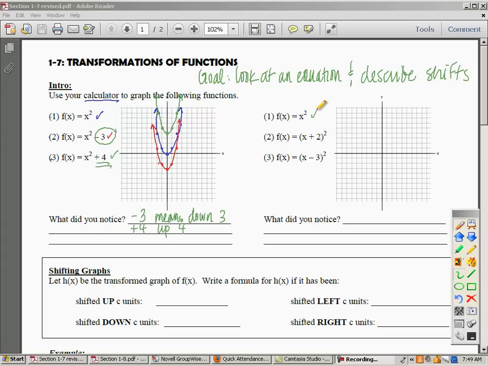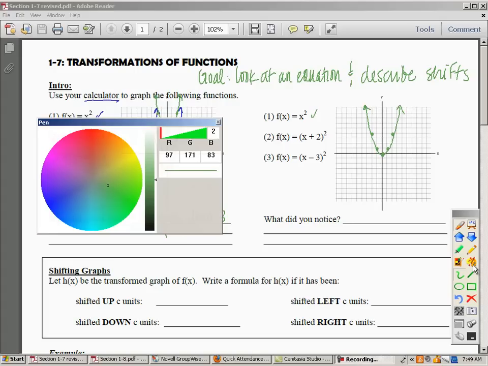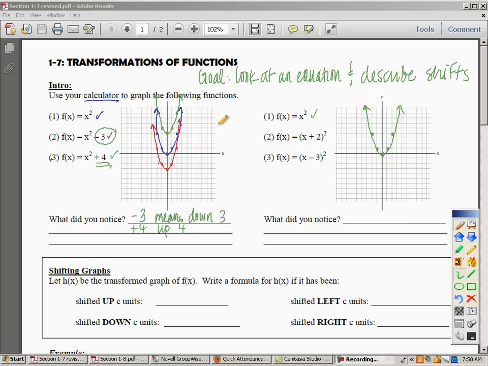I'm going to start the x squared in green this time. So this is the y equals x squared graph. I'm going to change my color again for the second one. We put it in our calculators, and you end up getting this graph.